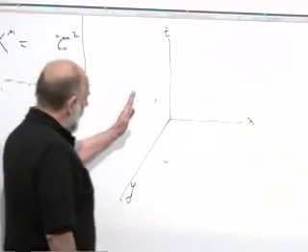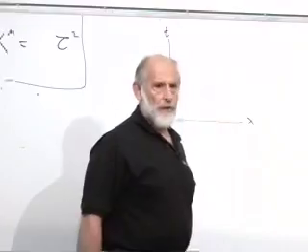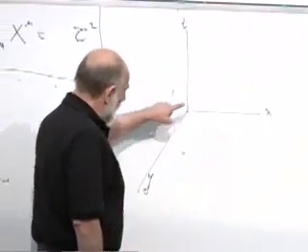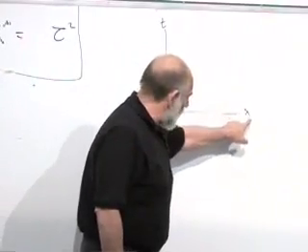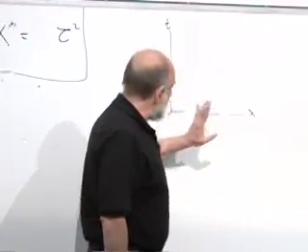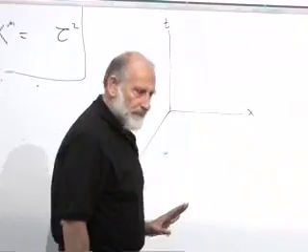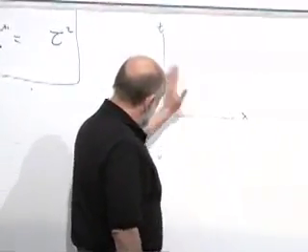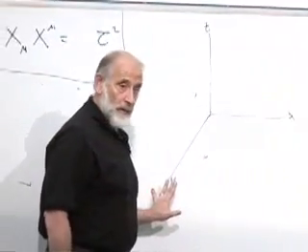Now, I've taught you how to do Lorentz transformations along the x-axis. In other words, I've taught you how to compare the coordinates of a moving observer who's moving along the x-axis with the coordinates of the stationary observer. Right? Oh, and remember what it does. It mixes x and t together, but leaves y alone.